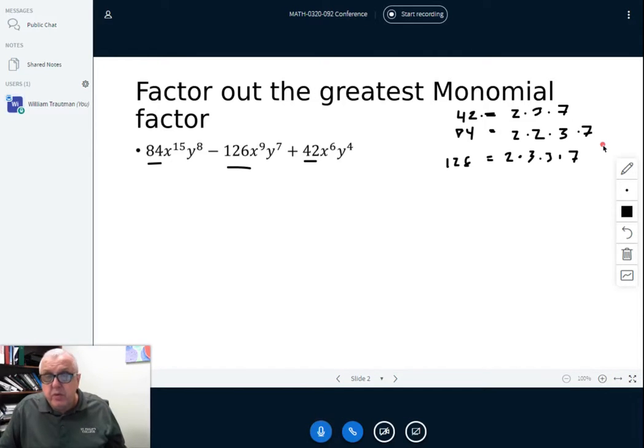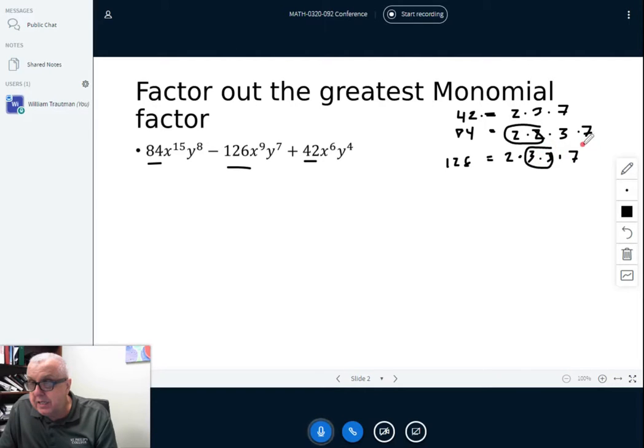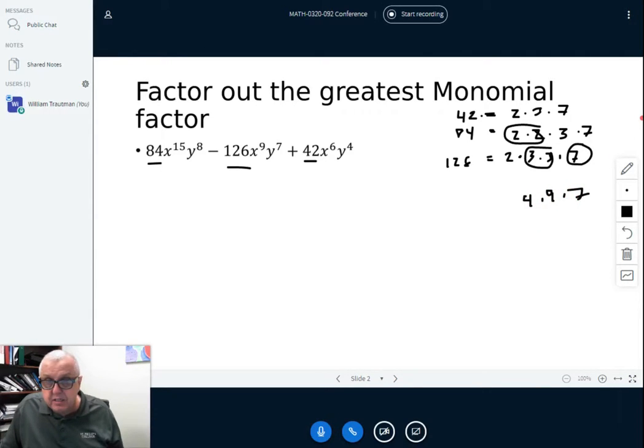Okay, so we need to find what numbers. I prime factored each one of these. Here's the circle the most: 2 2s, 2 3s, 1 7. So this is 4 times 9 times 7. Well, that doesn't make sense.